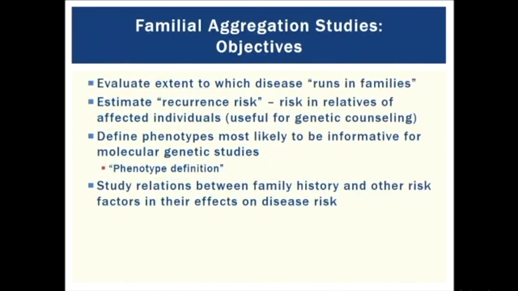So returning to familial aggregation studies, as I said, I'm going to spend a little bit of time on this. They are studies that are designed to evaluate the extent to which a disease runs in families. One of the important things is to estimate the recurrence risk, that is, the risk in relatives of affected individuals.